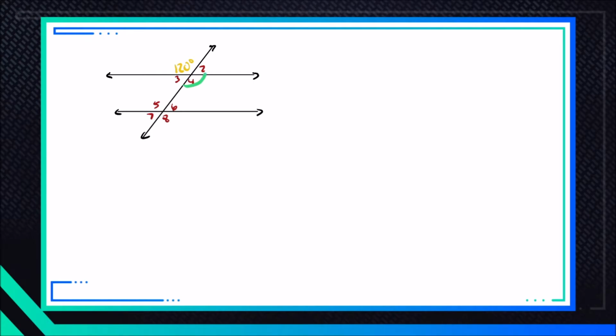So that's going to be this vertical angle right there, this corresponding angle right there, and this alternate interior angle right there, if we're going based off 4 anyways. And so angles 4, 5, and 8 all measure 120 degrees.